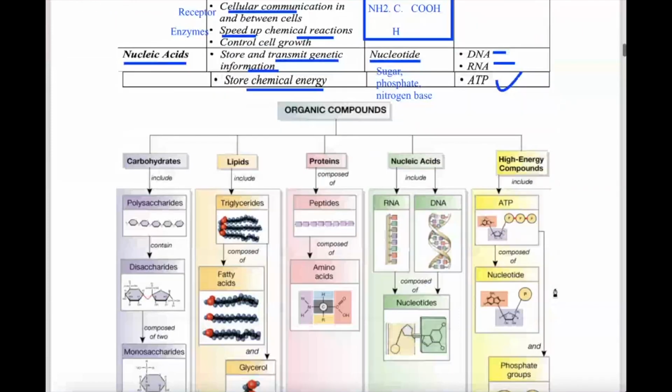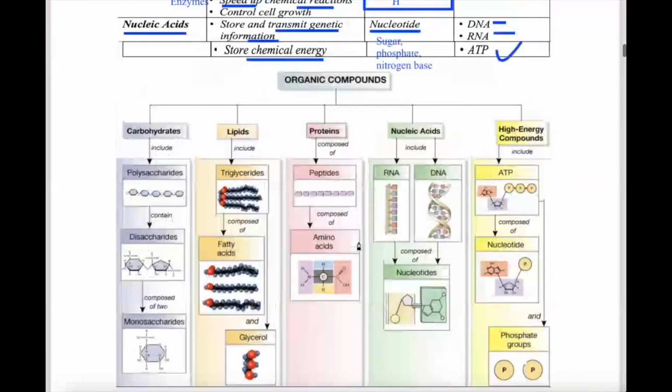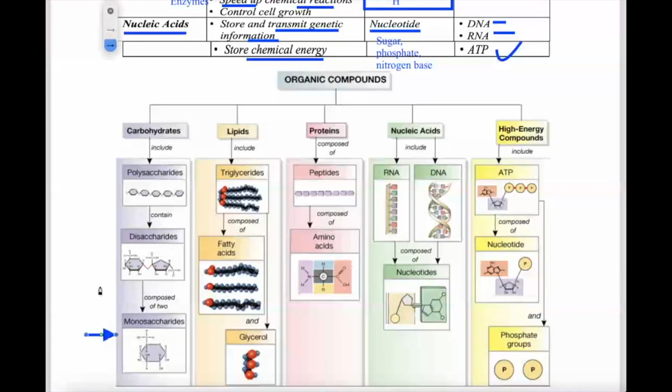This is again another table, boys, for all the same things we discussed above. Please make sure that you understand it. For example, carbohydrates include monosaccharide if it is only one monomer, disaccharide if it is made up of two monomers, and polysaccharide if it is made up of many monomers, or a long chain of monomers. Lipids make triglyceride, fatty acids, glycerol.